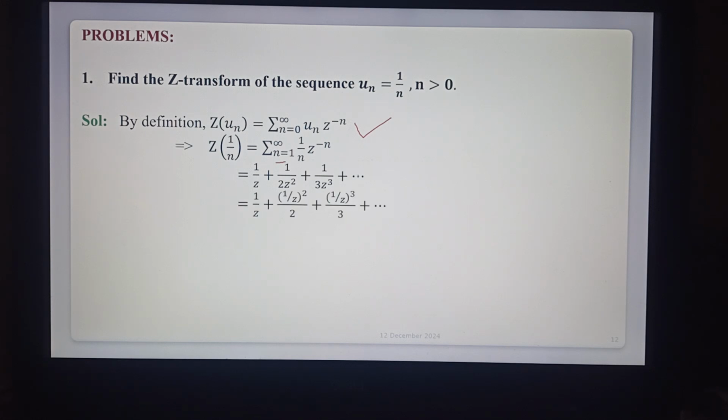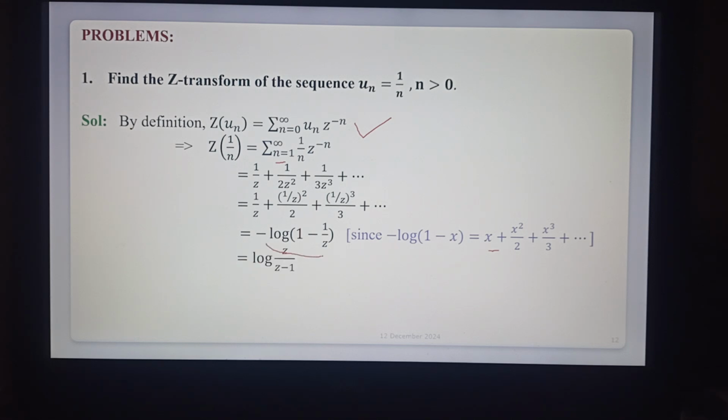By expansion, this can be written as 1/z plus (1/z)^2 by 2 plus (1/z)^3 by 3 plus and so on, which has the form x plus x^2/2 plus x^3/3 plus and so on. Using the formula, this is equal to minus log of (1 - x), where x = 1/z. Simplifying, that is minus log of (z - 1)/z, and the minus interchanges numerator and denominator, giving log of z/(z - 1).